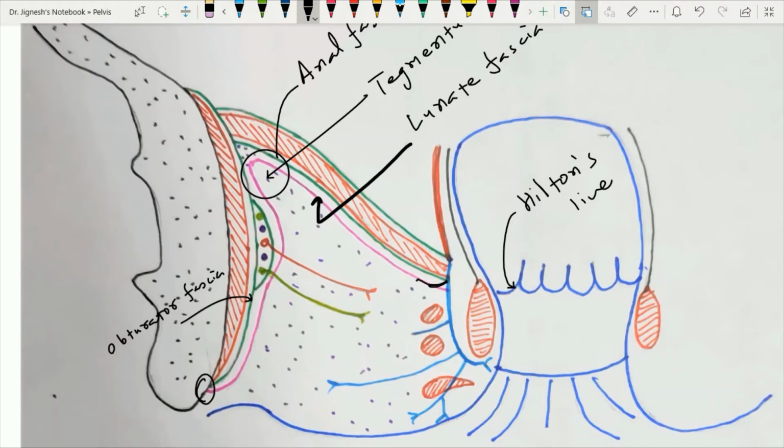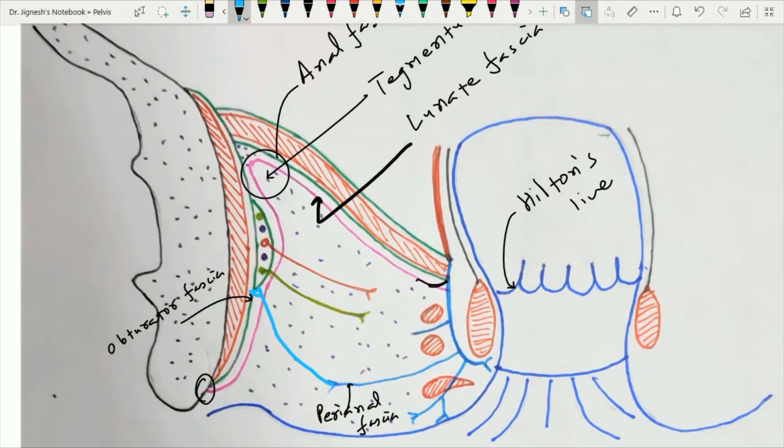Sometimes it is also formed by the perianal fascia, and this perianal fascia is nothing but part of the conjoint fibrous elastic sheath, which is formed by the longitudinal muscle coat of the rectum and the levator ani. And when this pudendal canal is formed by this perianal fascia, it will reach up to that mark.